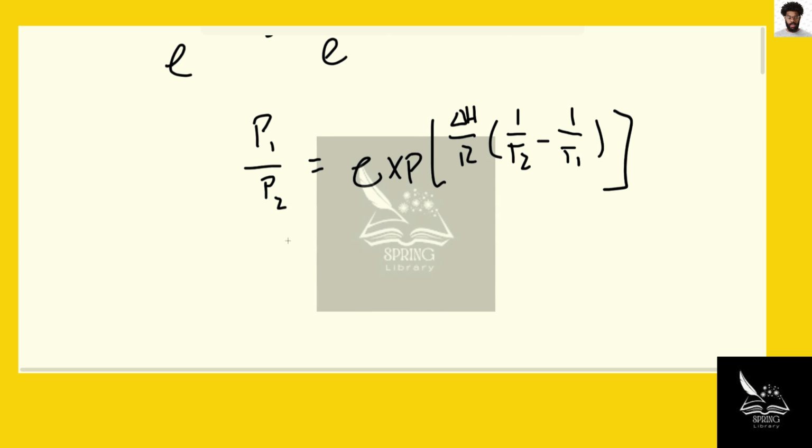Now we want to get P2 isolated, so I'm going to multiply both sides by P2, and I'm going to divide both sides by this exponential.